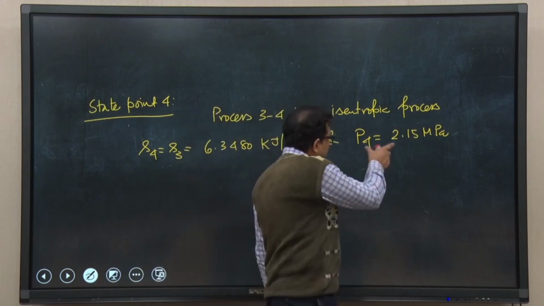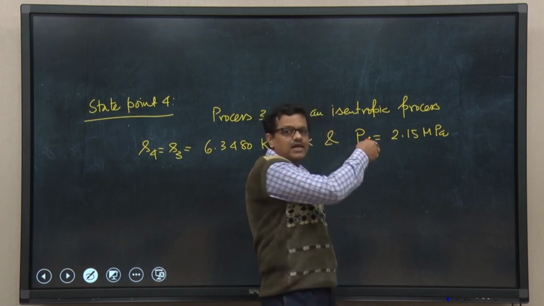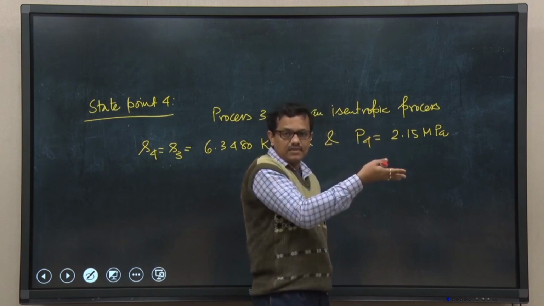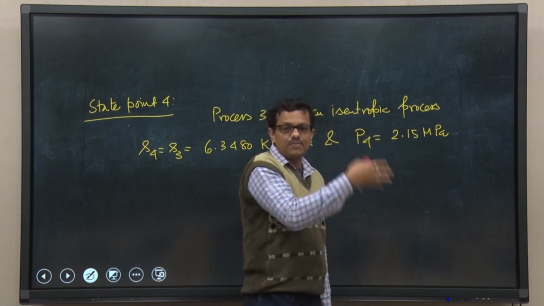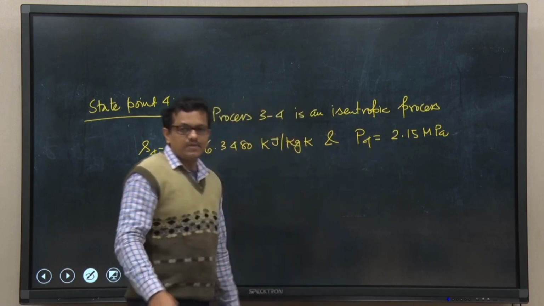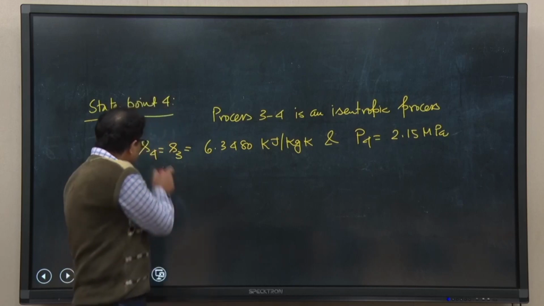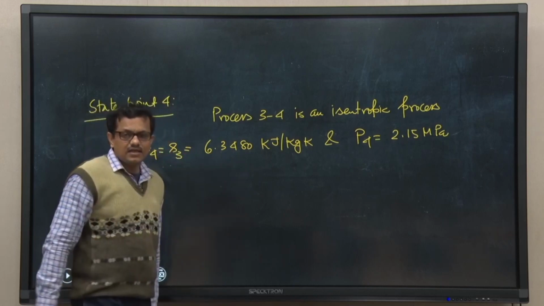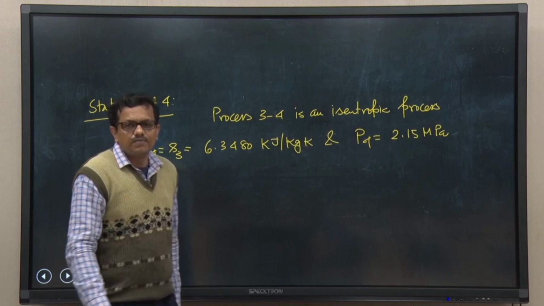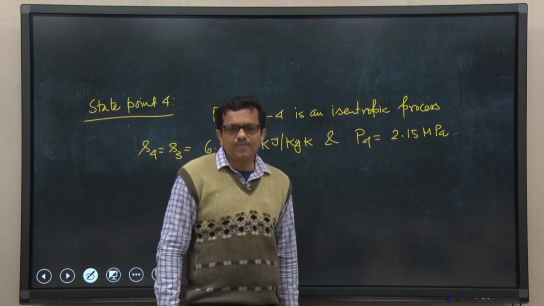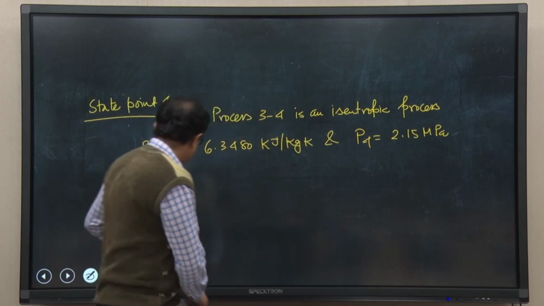At this pressure, if we find Sg, that is the entropy of the saturated vapor, and we find that the entropy S4 is greater than Sg, there is no doubt that point 4 will be in the superheated regime. Let me tell you once again.